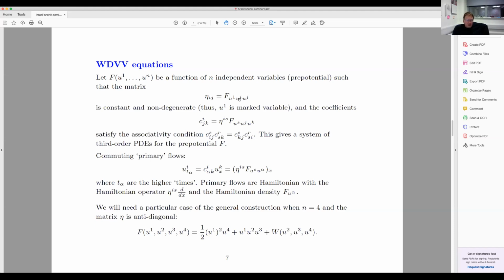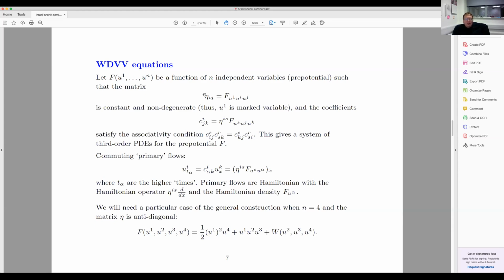So 1 is also allowed. But the first variable is fixed, it's u1, so it's a marked variable. The first condition is that this matrix is non-degenerate and constant. That's the first constraint on the function F. So here u1 is a marked variable.